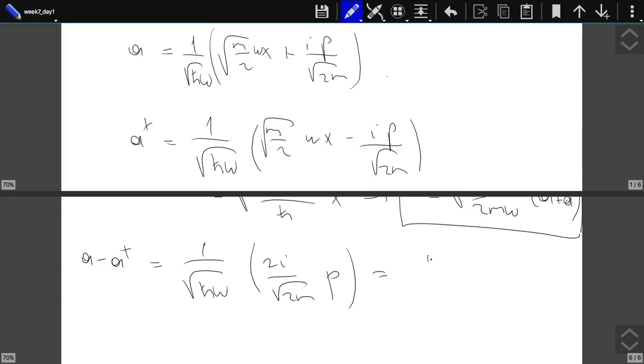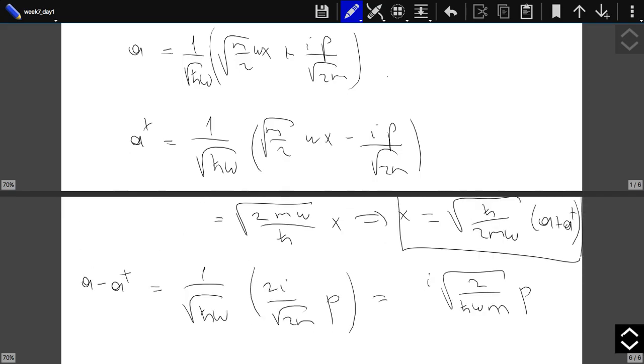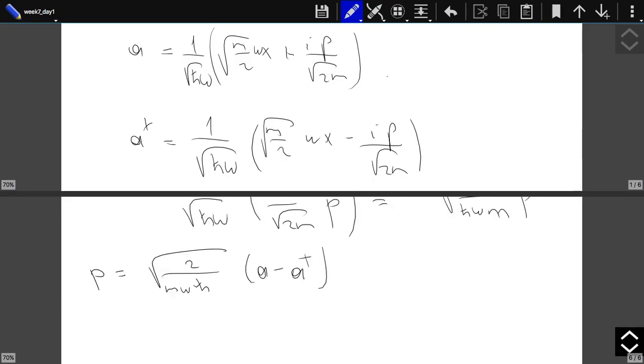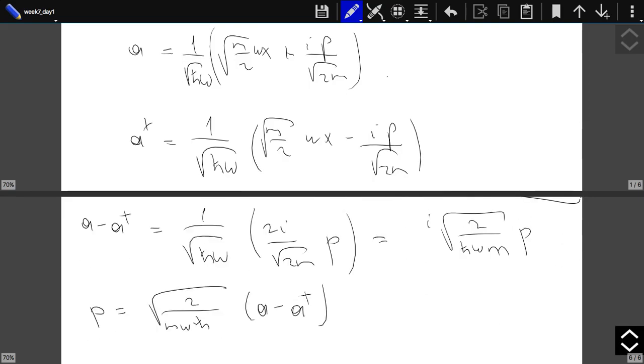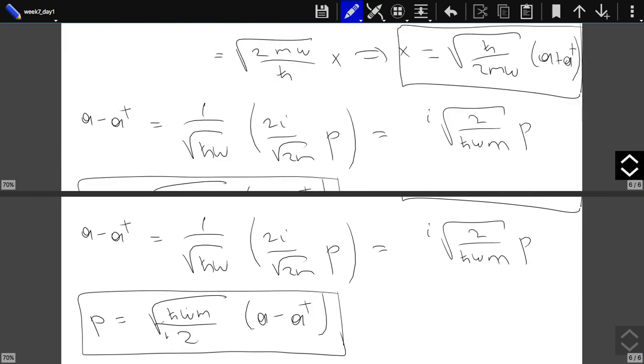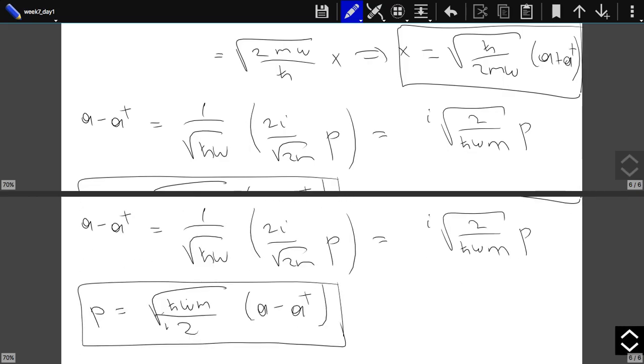This is equal to 2i, or i over i times square root of 2 over h bar omega m p, or p would be equal to square root of h bar omega m over 2 times A minus A dagger, over i.